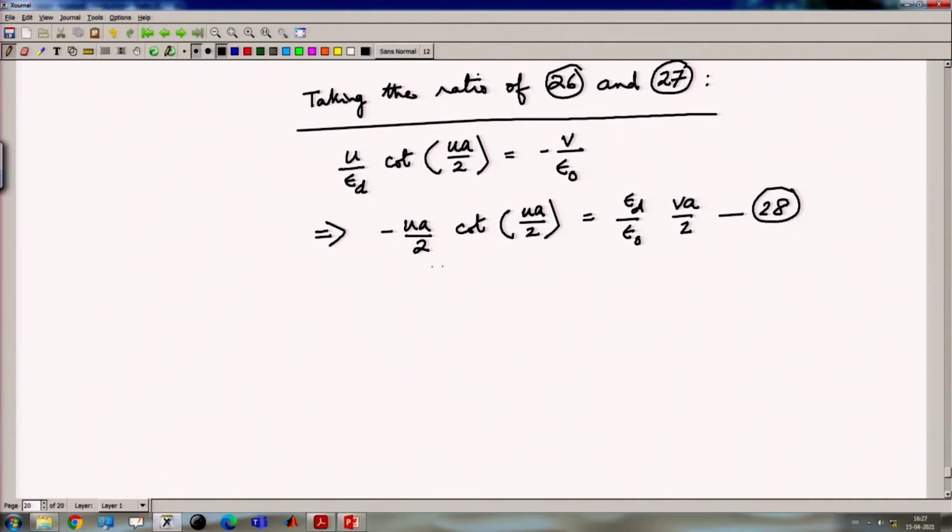This is of the generic form of the function x cot x. So, this is the characteristic equation for determining the k z and cutoff frequencies of the even TM modes, because u and v can be expressed in terms of k z from the separation equation.